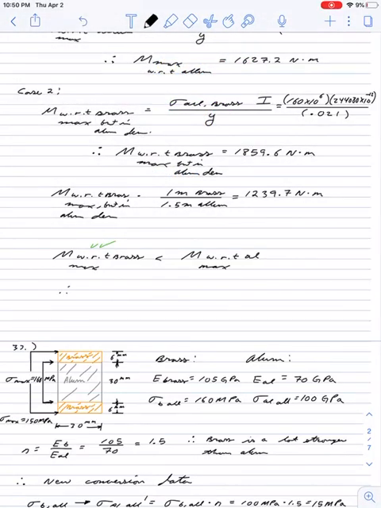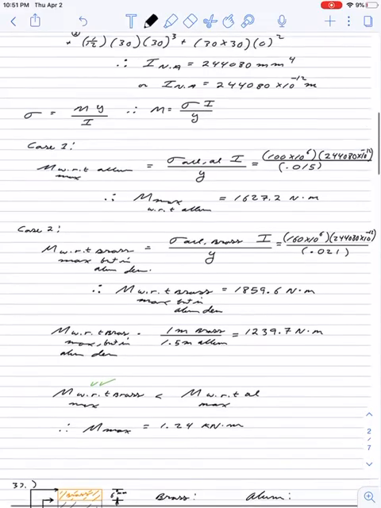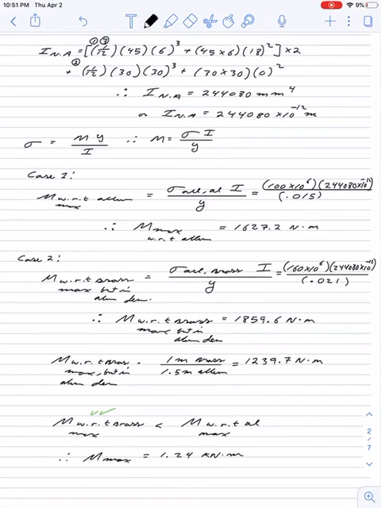Therefore, we have the maximum moment equaling 1.24 kilonewtons per meter. There you go. That is the answer.